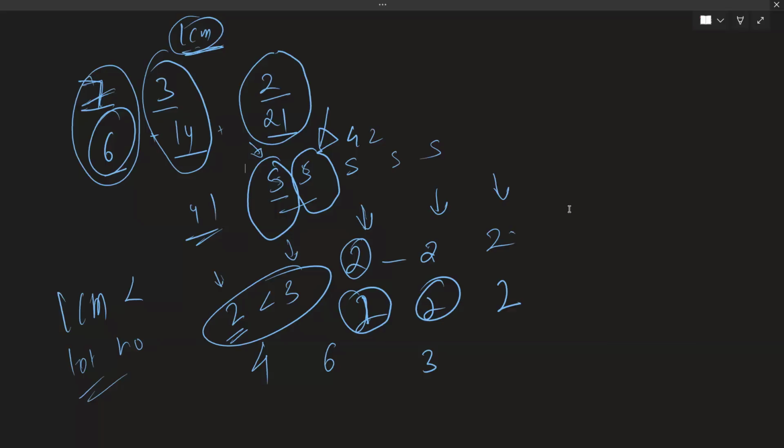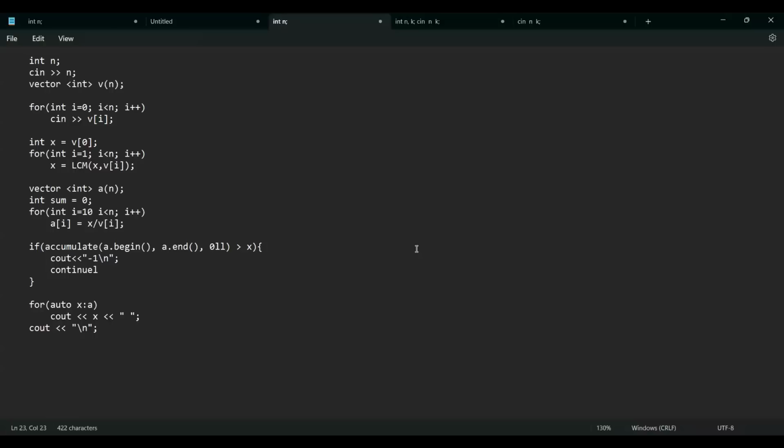So anyway, let me show you the implementation. I have taken the input, then I'm going through it and calculating the LCM. This is my global function. I don't have it here, but I'm calculating it using x multiplied by y divided by the GCD of x and y.